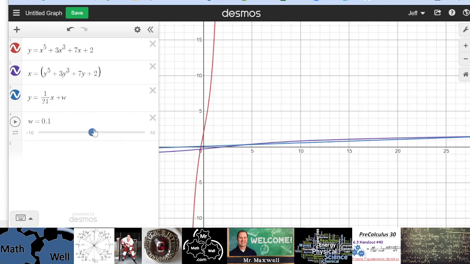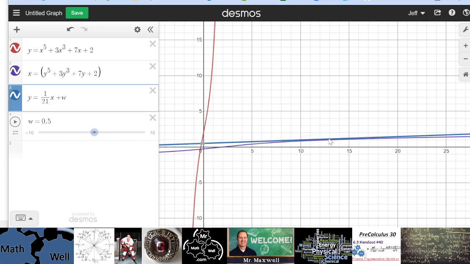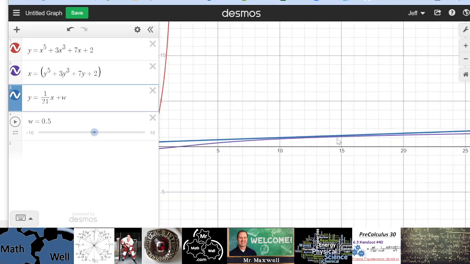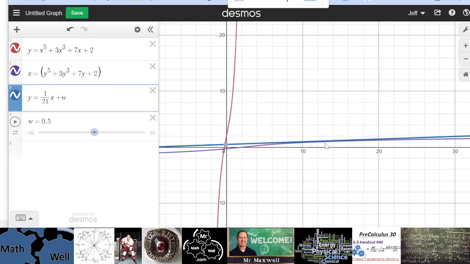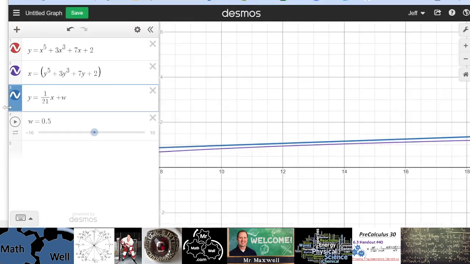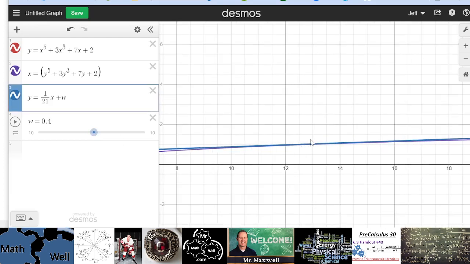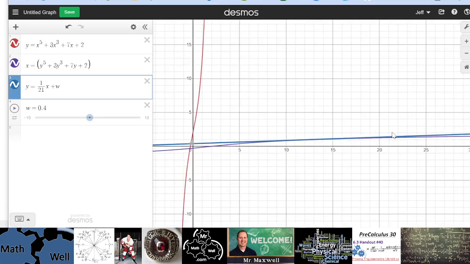Now if I move this up or down, I'm going to be able to slide this right onto the graph, if I can. It doesn't look like it's quite touching yet, but oh, that's pretty close. Look at our intersection. A little tough to see, but this looks like a pretty good tangent line somewhere around 13. I could fiddle with this a little bit, but do you see how that slope seems to work? It's pretty close to a tangent.